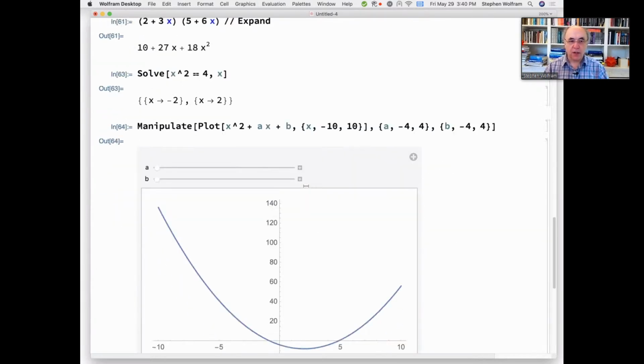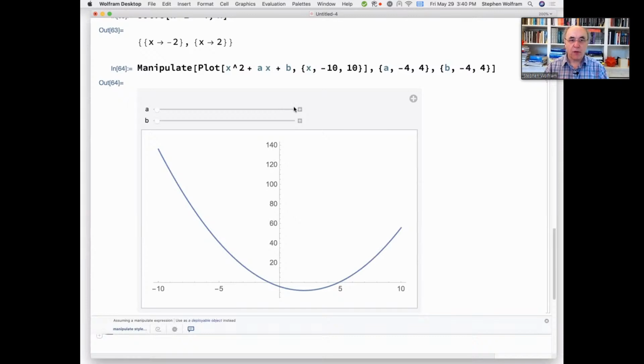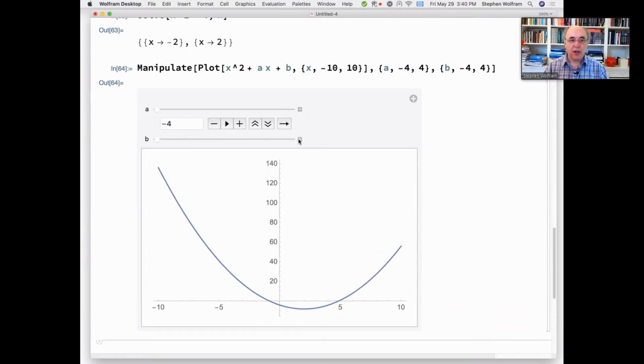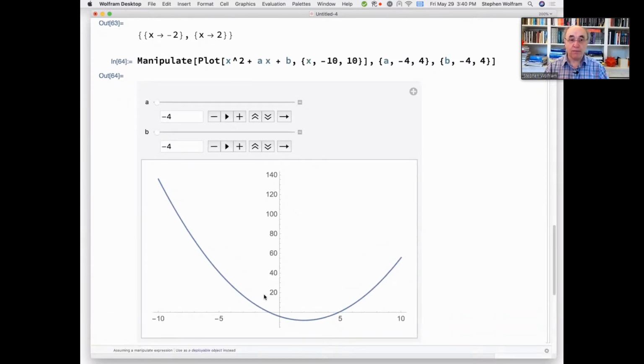For a equals -4 and b equals -4, that's x squared plus -4x minus 4, and that's a plot of that function.